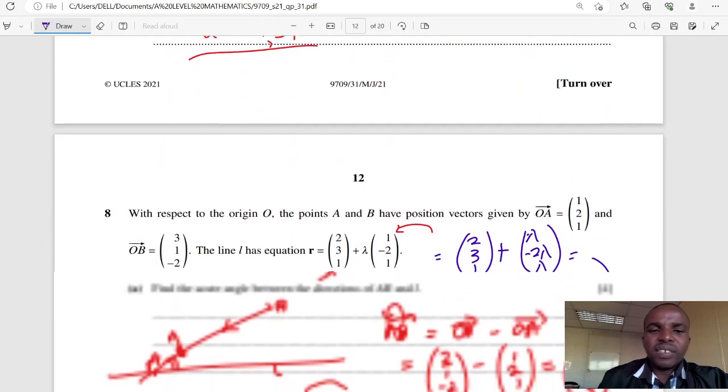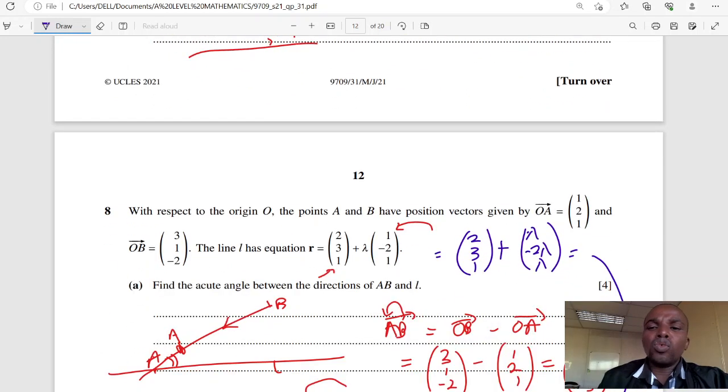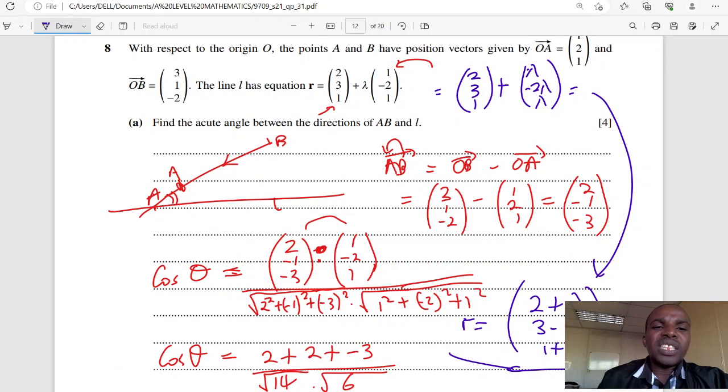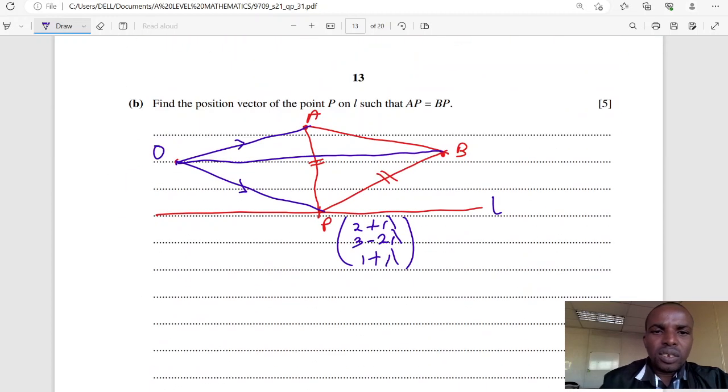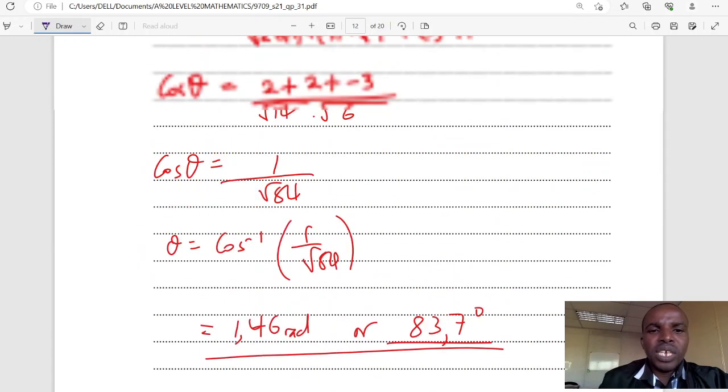OA is what? It's (1, 2, 1). Let me check OB.